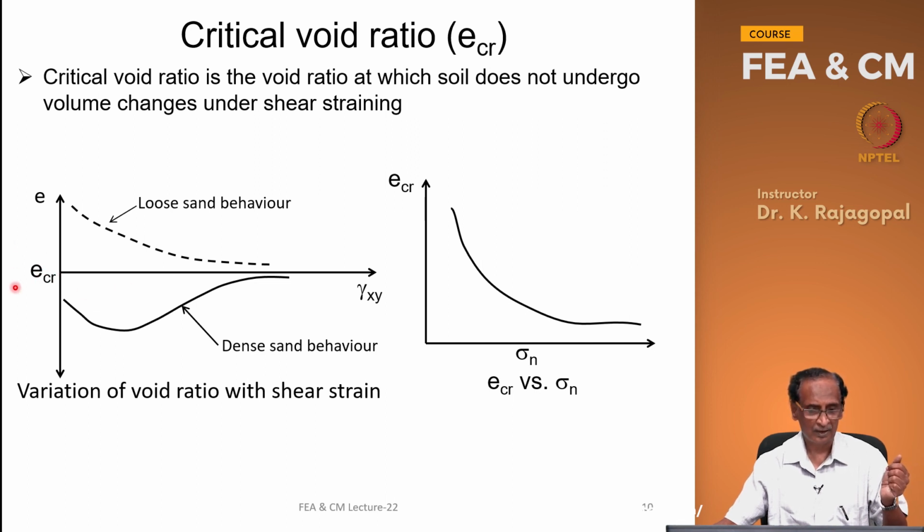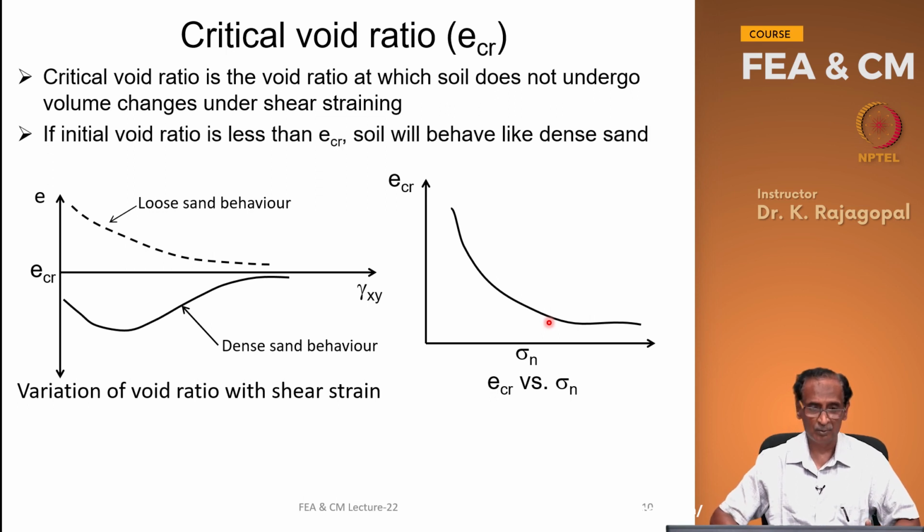And this critical void ratio is not a constant, it is going to change with normal pressure. So, at a very low sigma n, ECR is very large, whereas at very high confining pressure your ECR could be small.